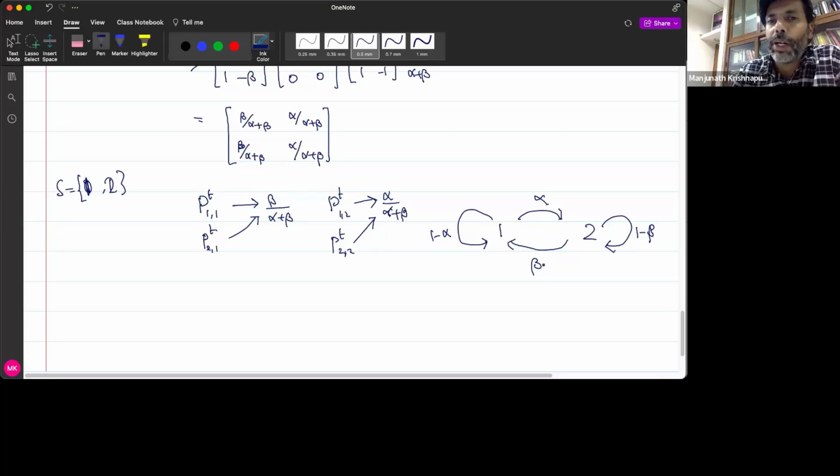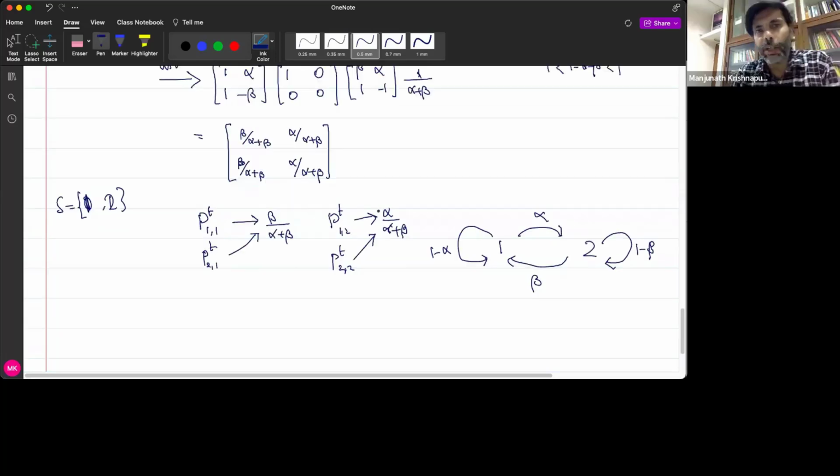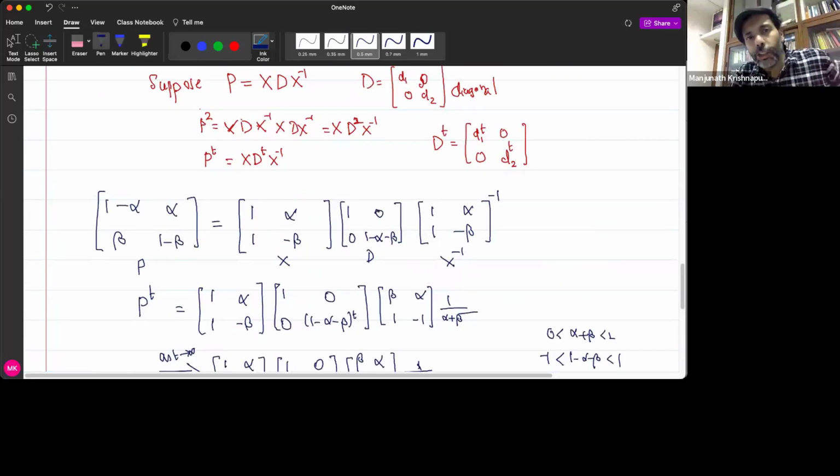If beta is, let's say, 0.99, you don't stay at 2 very often; you just come back quickly. That's why when beta is large, you are more likely to be at state 1. And when alpha is large, you are more likely to be at state 2. So this is the complete solution to the situation.